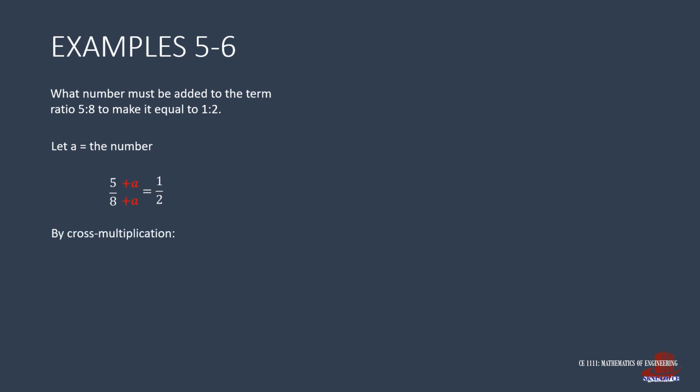By cross multiplication, we get twice 5 plus a, and this is equal to 1 times 8 plus a. Simplify it to have 10 plus 2a equal to 8 plus a. Transpose variables and constants to have 2a minus a equal to 8 minus 10, where a is equal to -2.